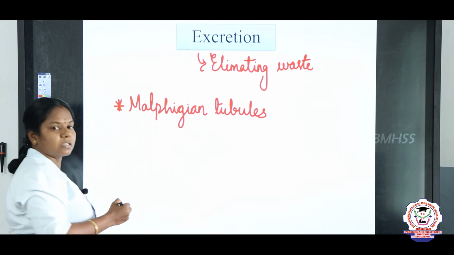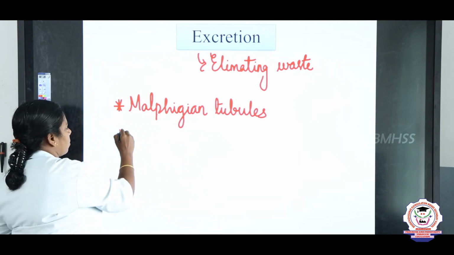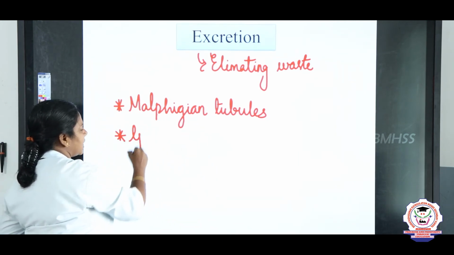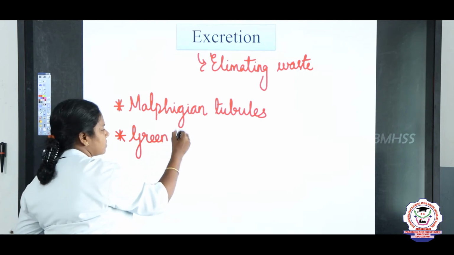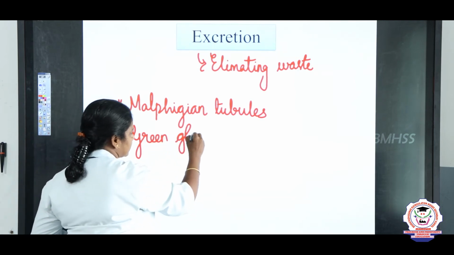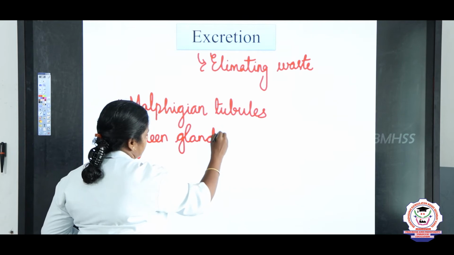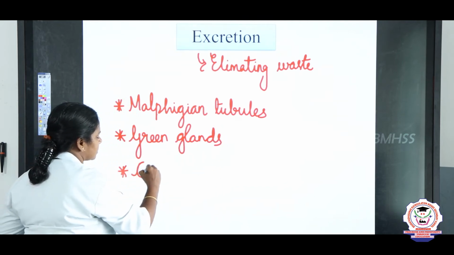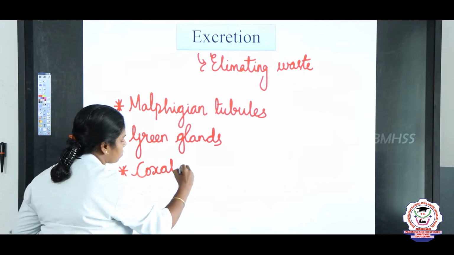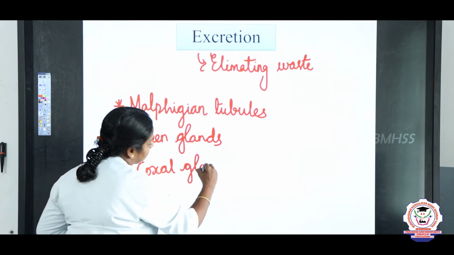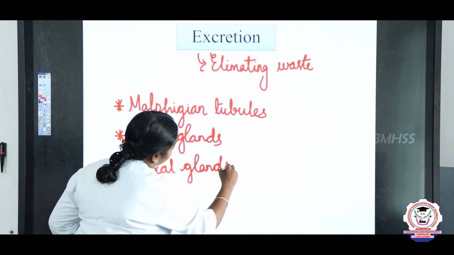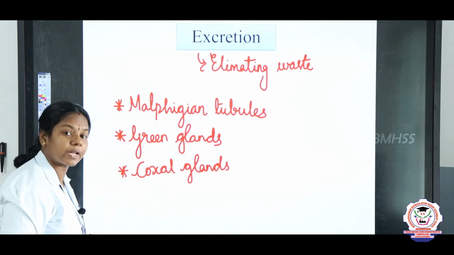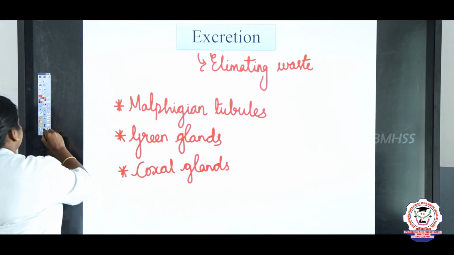And the next, some other excretory organs are green glands. Green glands we can see in prawns, crustaceans, and coxal glands. Coxal gland. So, these are all the excretory organs.